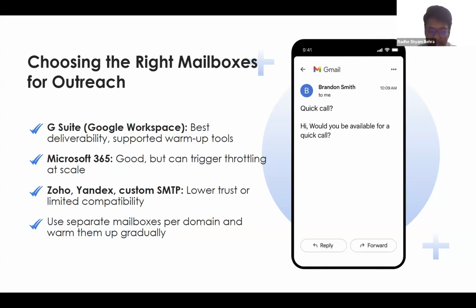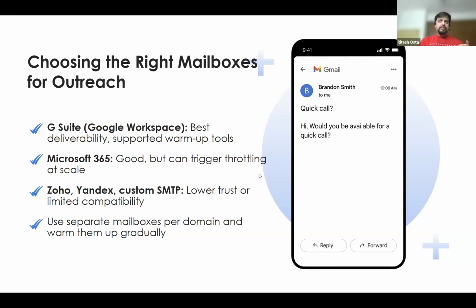Suppose in the future one of the domains does not have good sender reputation, you can simply switch it off, I mean, stop sending from that particular domain. The reason we keep adding domains is simple: at some point, some of the domains might fall off, and you might have to remove those from your sending ecosystem.